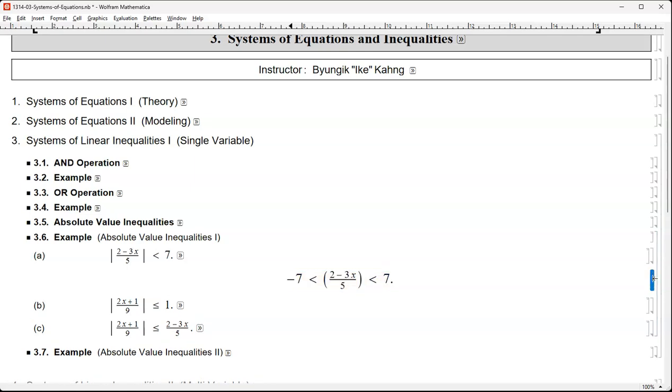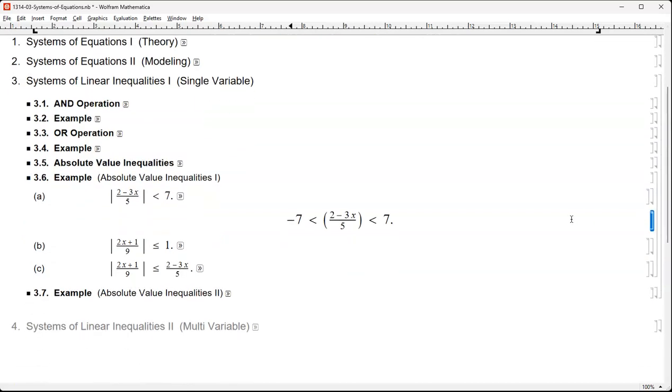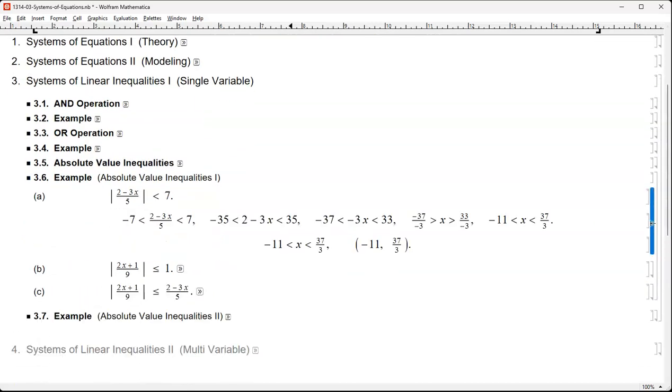And then you can either decompose into an AND system, or you can just go ahead directly with the techniques for solving double inequalities. Either way it'll work. We already went through this in lesson 2, so I'm not going to do that. I'll just show you the answer like this.